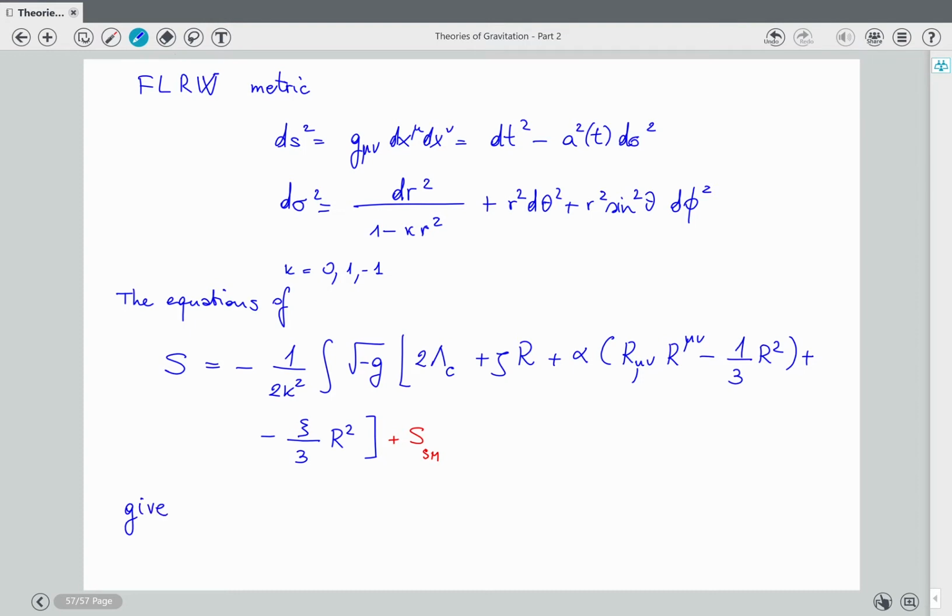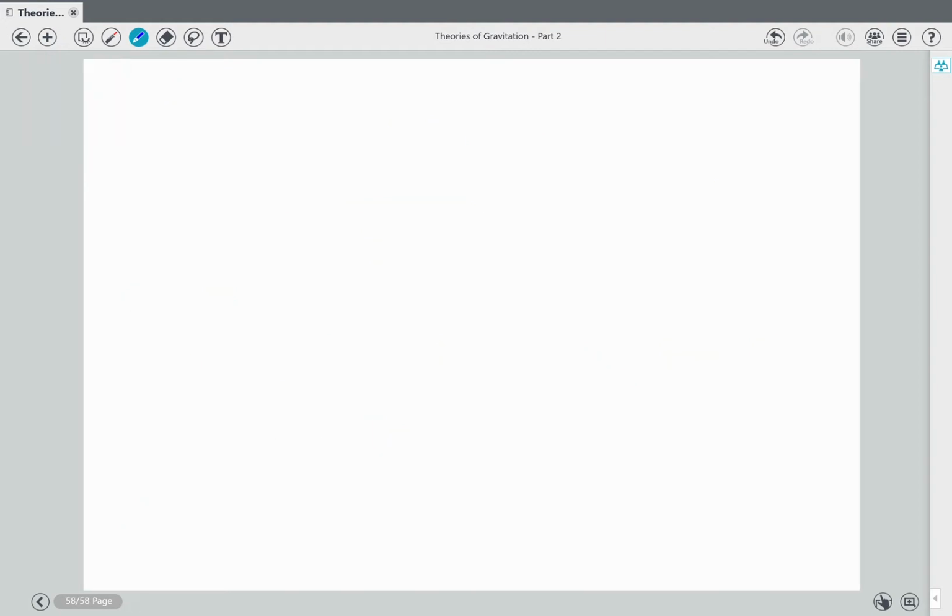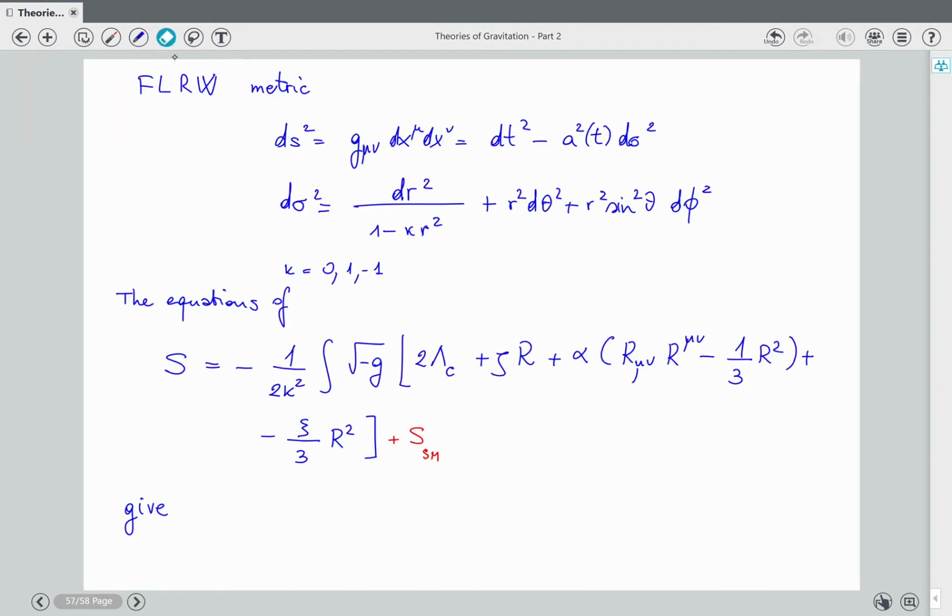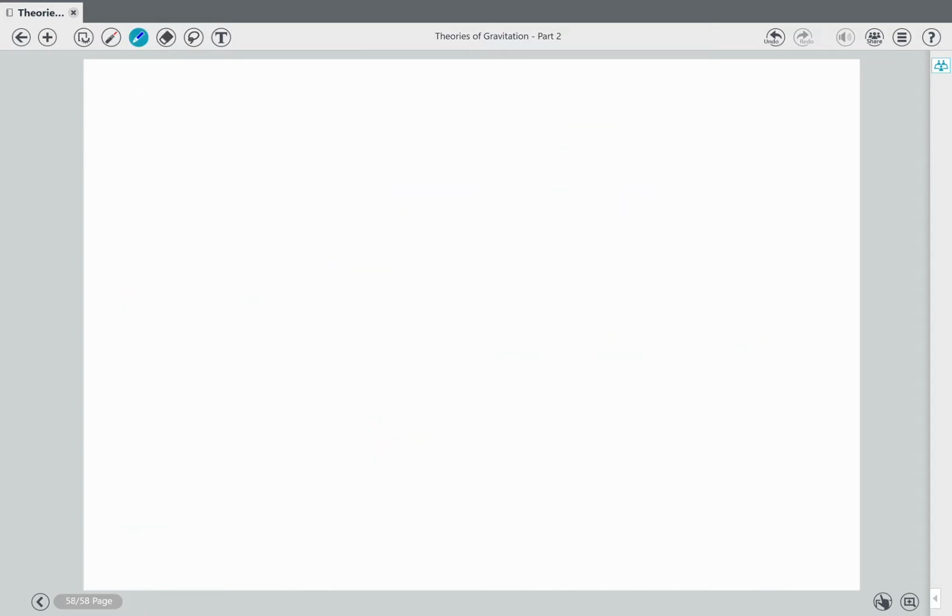Did you see already the equations for the Friedmann-Robertson-Walker metric? Yes, okay, so this will not be a huge change. The unprojected equations, which means the higher derivative equations in this case, are as follows.